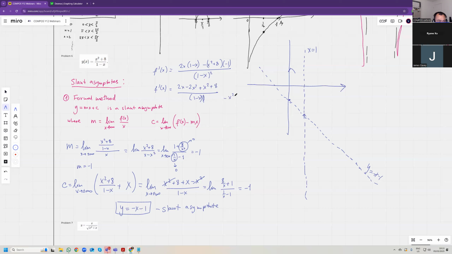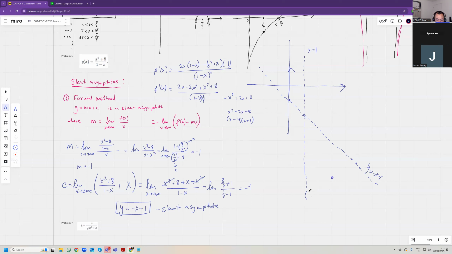So minus x squared plus 2x plus 8. X squared minus 2x minus 8. Minus 4 minus 2. X minus 4, x plus 2. So x is 4, which is a maximum point.